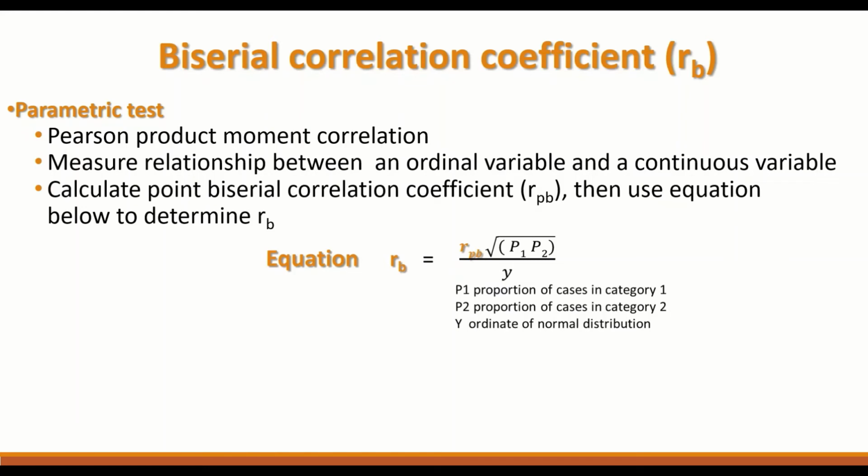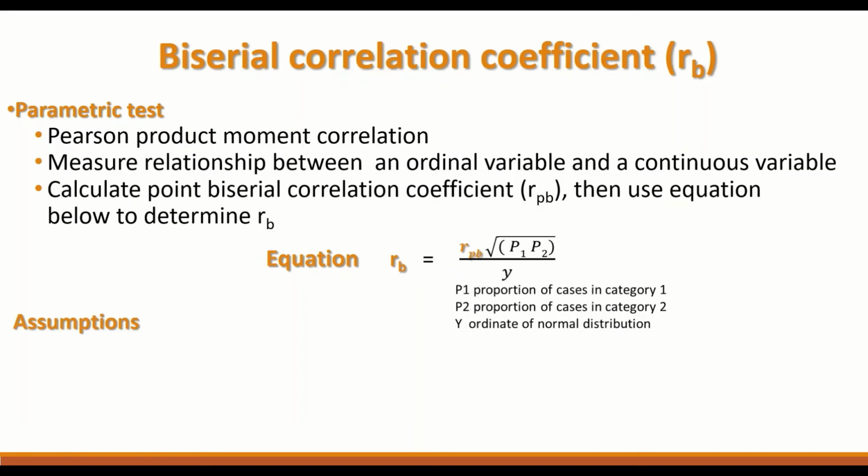The rb equals the point-biserial correlation, rpb, multiplied by the square root of the proportion of cases in category 1 times the proportion of cases in category 2, divided by the ordinate of the normal distribution. And shortly I will show you how to use this formula.